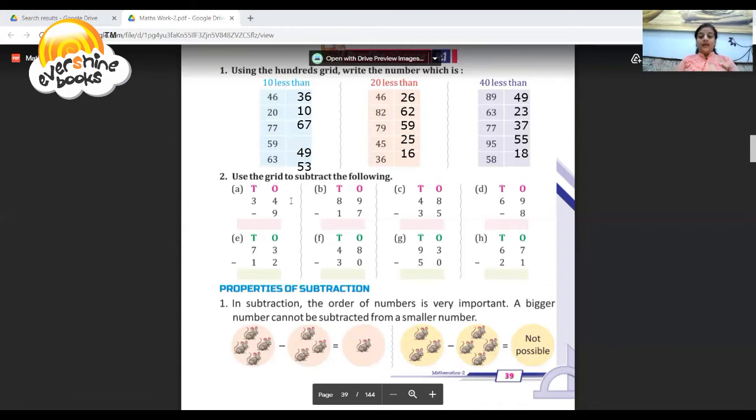After that, we have to take away 5 more because 9 is made up of 5 and 4 both. So the answer to 34 minus 9 will be 25. Here it comes 20 and here it comes 25.